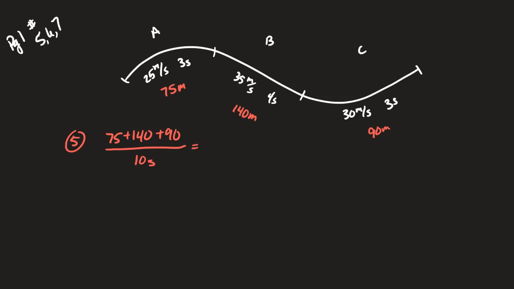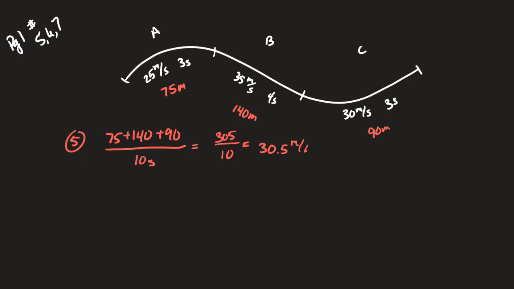So let's see, that's 305. Okay, 305 in 10 seconds, or 30.5 meters per second. That'd be the average speed.